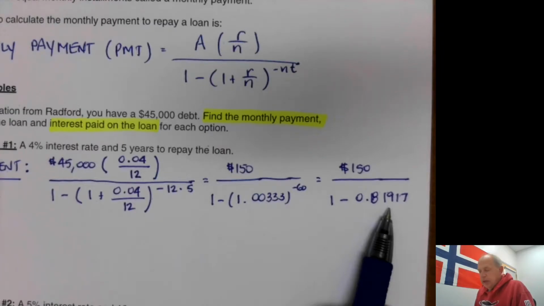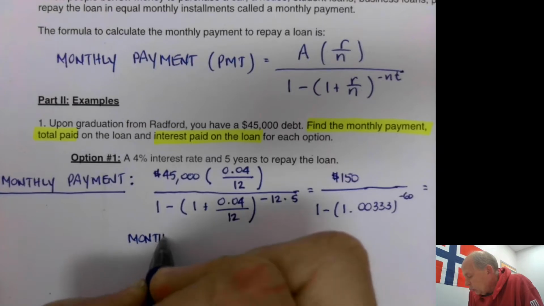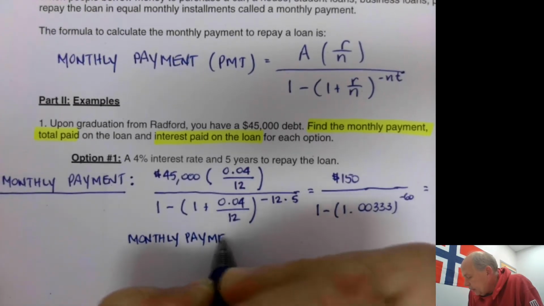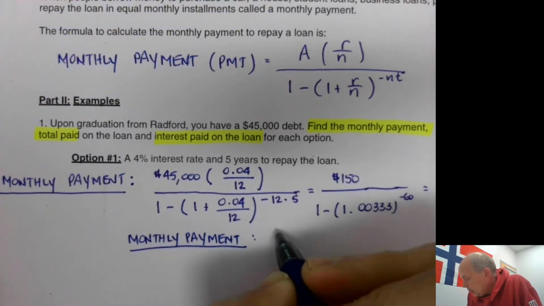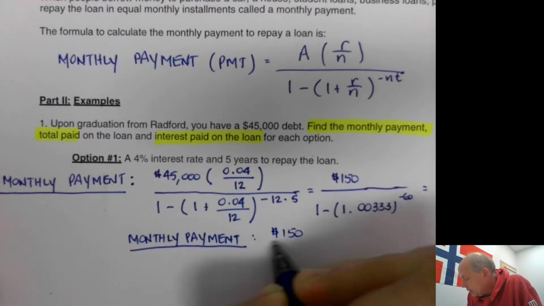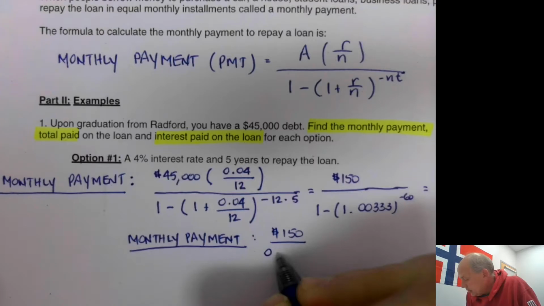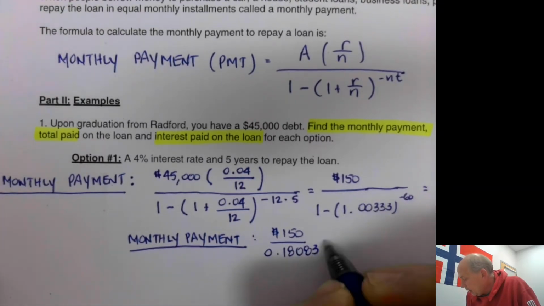I'm almost done. Calculate my monthly payment, how much this student will need to pay every month to pay off their student loan. So my monthly payment is $150 divided by 1 minus that value, which is 0.18083.